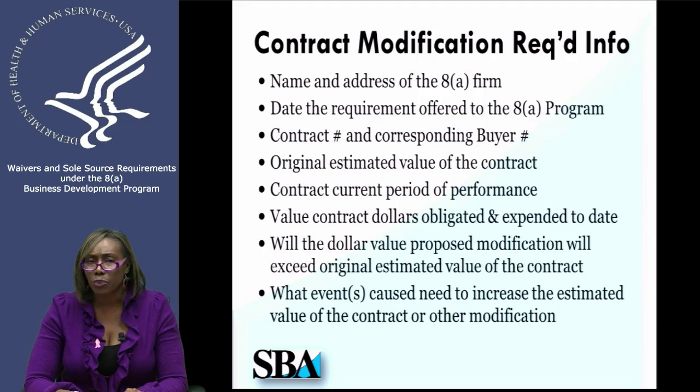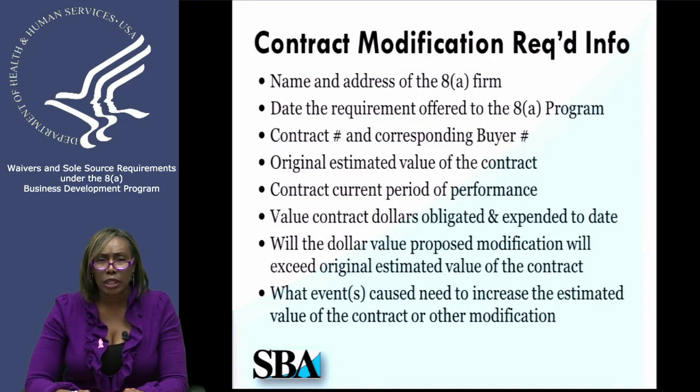What's reasonable? Is it reasonable to ask for 30 days or 6 months or, depending upon the size of the requirement, a year? At some times we've been asked for 2 years. You can ask. We're going to look to see if it's reasonable before we approve. Remember, you must get an approval from the SBA district office prior to modifying any 8A contracts.